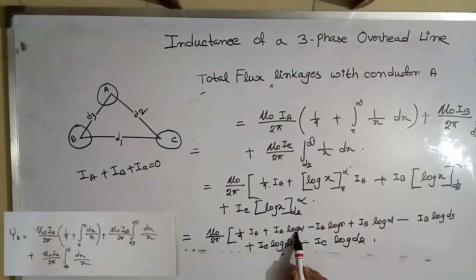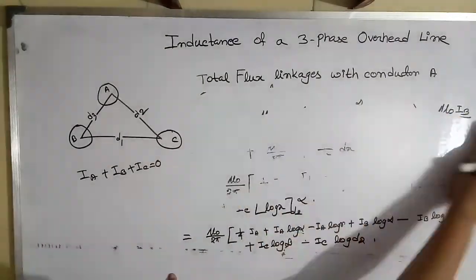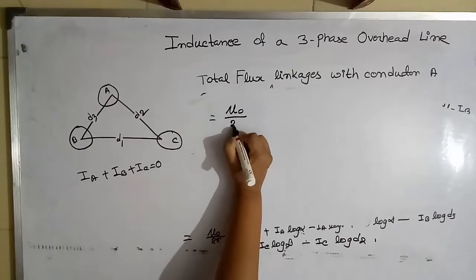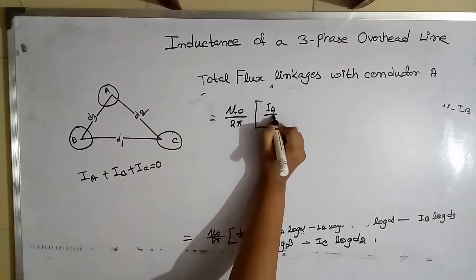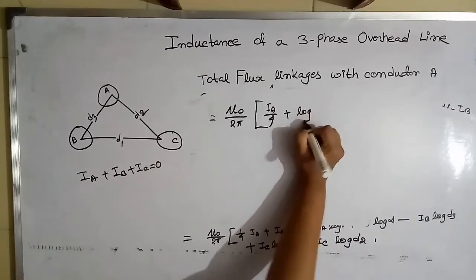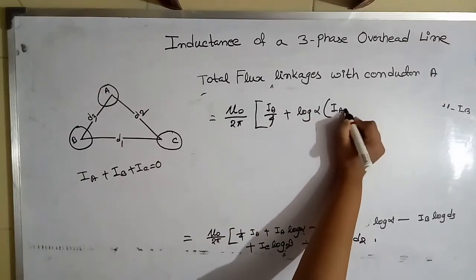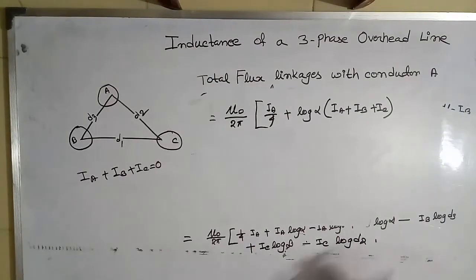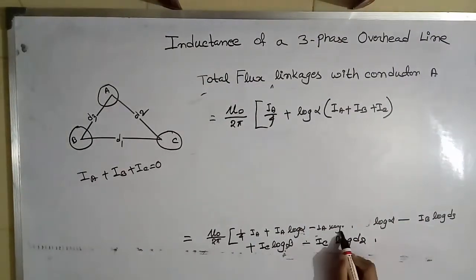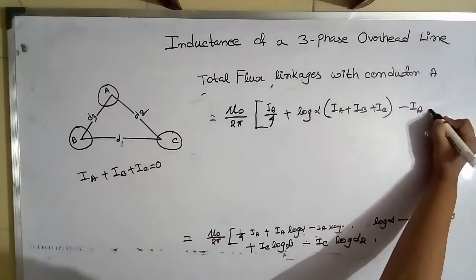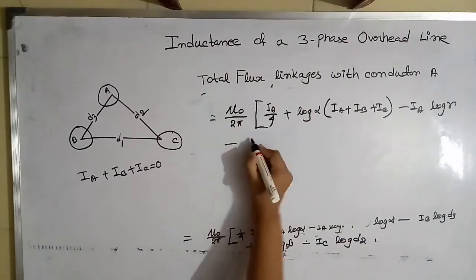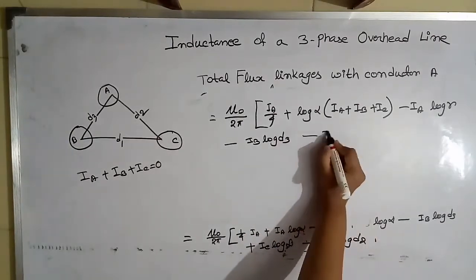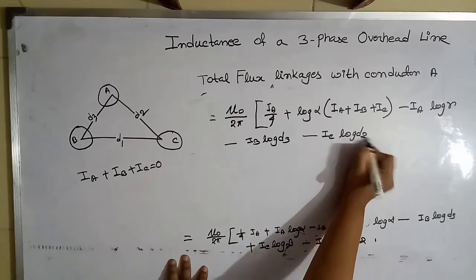Now take log infinity common. So mu 0 by 2 pi, IA by 4 plus, if we take log infinity common, then IA plus IB plus IC, minus IA log r minus IB log D3 minus IC log D2.